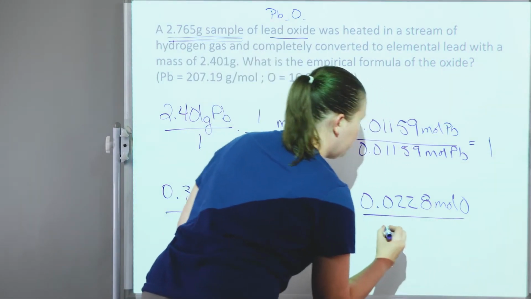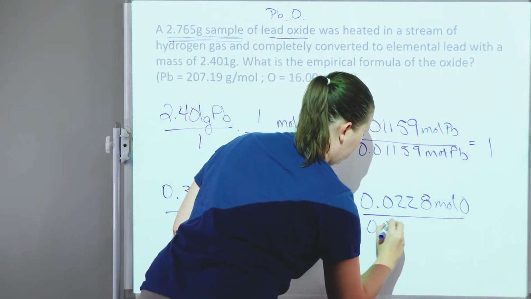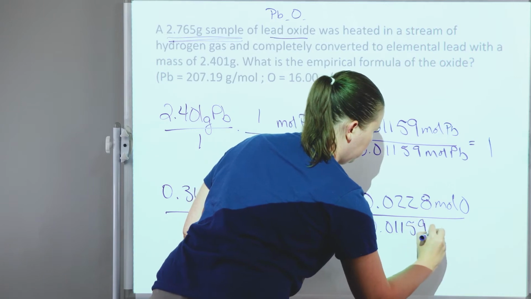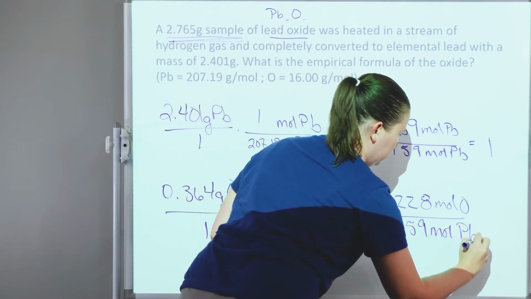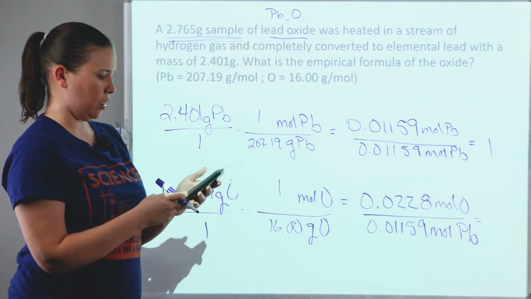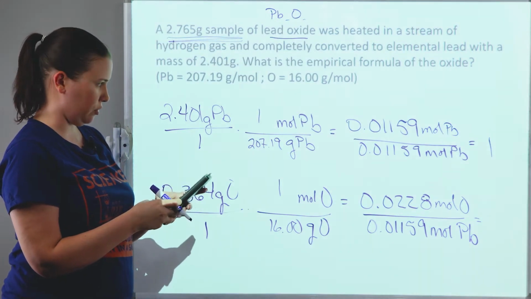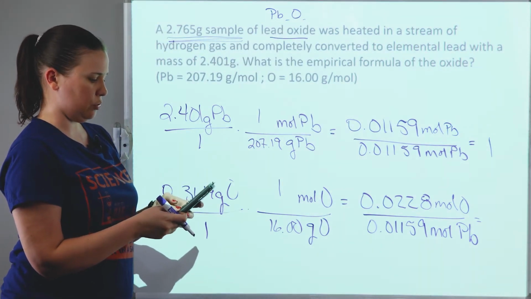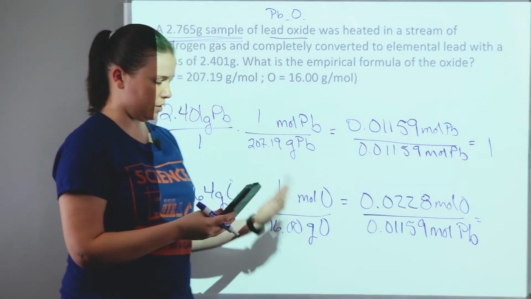So what is my ratio of oxygen to lead? I still have it in my calculator: 0.02275, which I had rounded here to 3 sig figs, but that's okay.